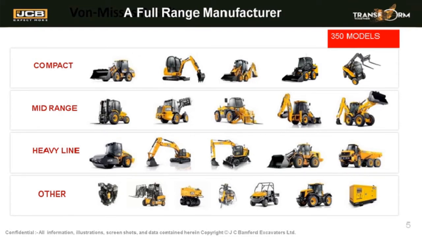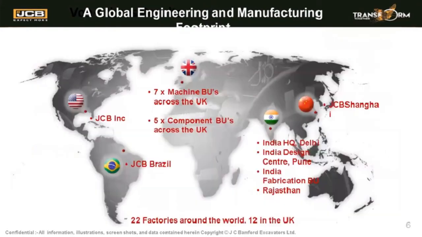Now these tend to be split into 3 main weight ranges. The compact, which are machines up to about 8 tonnes. Mid-range is generally 8 to 14 tonnes in weight, and heavy line is everything above 14 tonnes going up to about 50 tonnes. And then the other range that we can see at the bottom is other less mainstream products, such as engines, generators, industrial forklift trucks, etc.